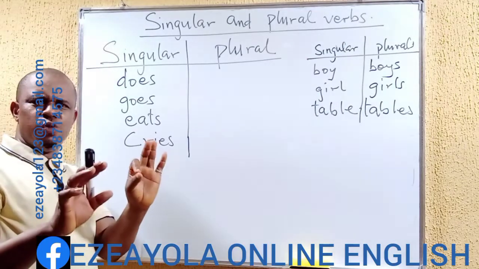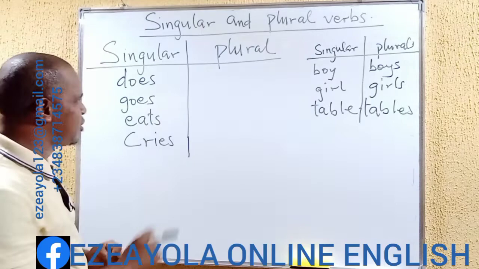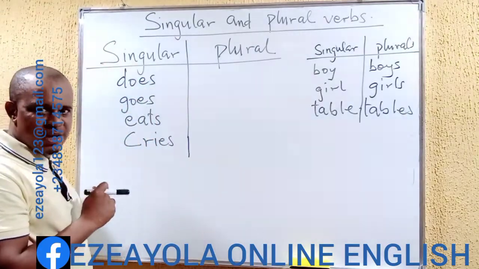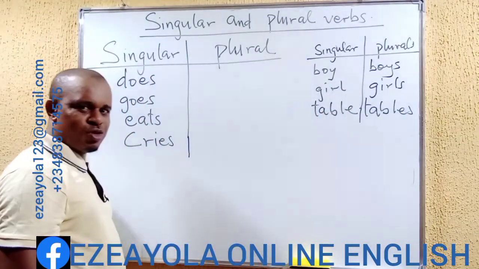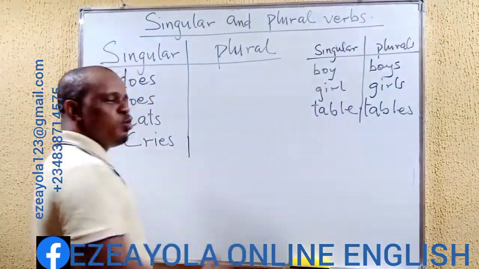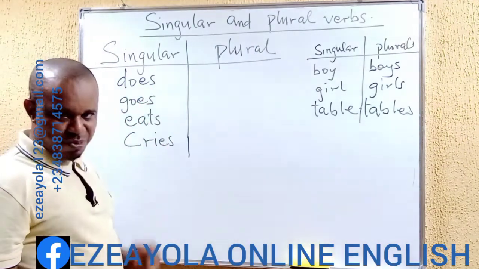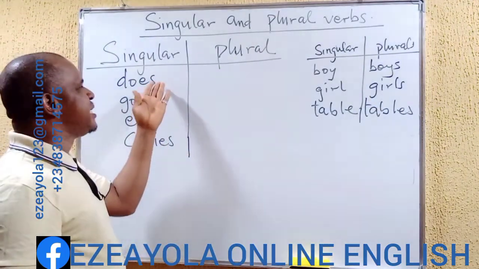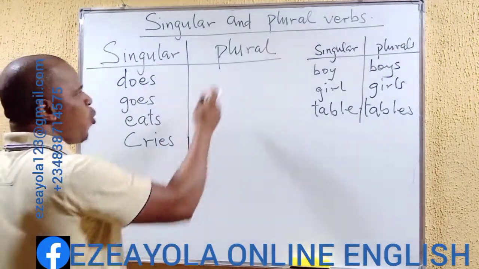Now, you begin to see reasons to get into a slight confusion because the singular verbs, they admit S, unlike what we have in the nouns. In the singular nouns, they do not admit S. But the singular forms of verbs, they admit S. Now, let us obtain these singular verbs in their plurals. For does, what is the plural?